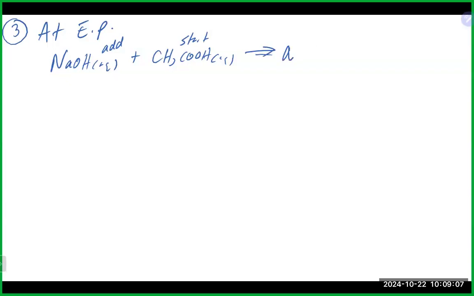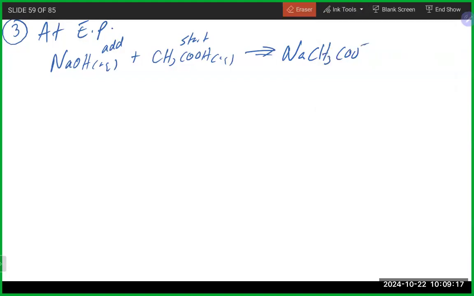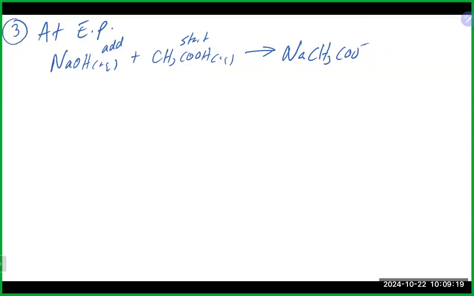We obviously are going to need a reaction of sodium hydroxide again, and that is what we're adding, plus our acetic acid, which is what we're starting with in our beaker. And we will end up with our sodium acetate, acetate minus, sodium acetate here and our water.